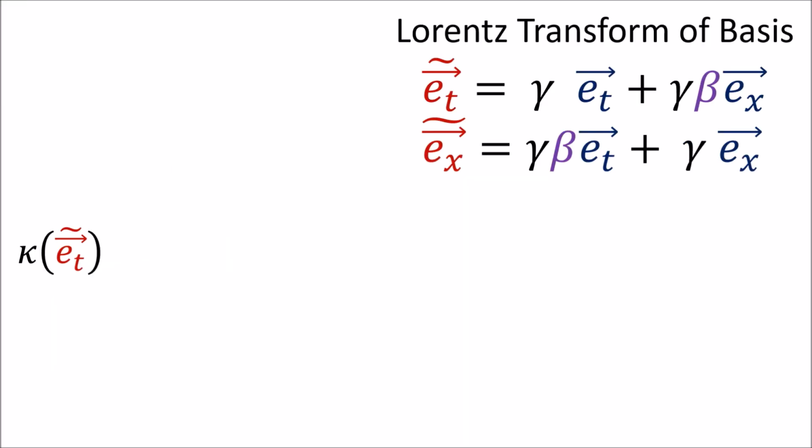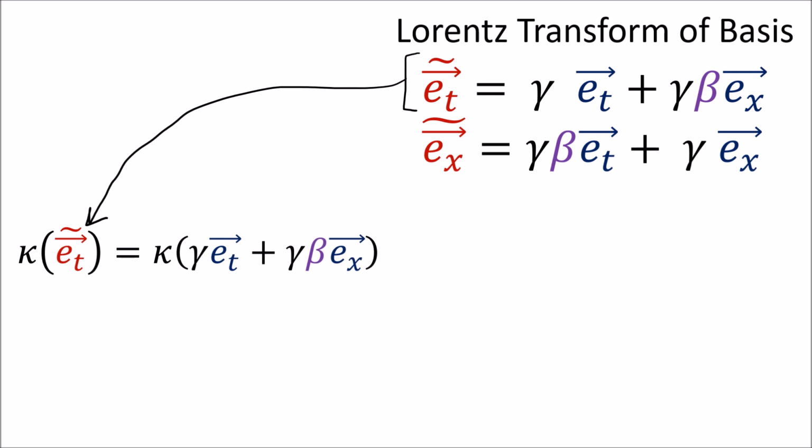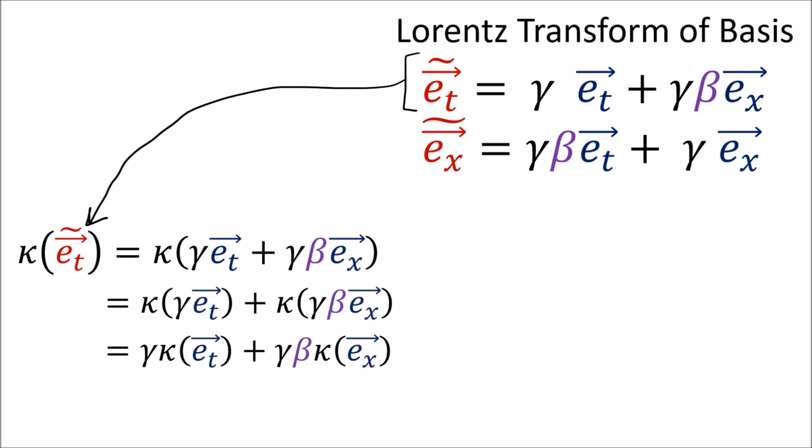The density in time for the car is just the wave covector kappa acting on the car's time basis vector. We can sub in the basis change formula from the Lorentz transformation to write this in terms of kappa acting on the Einstein spacetime basis. We get that the car's time wave number, kappa t tilde, is Einstein's time wave number plus beta times Einstein's x wave number, all multiplied by gamma.